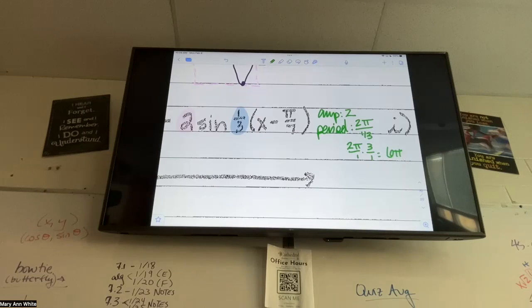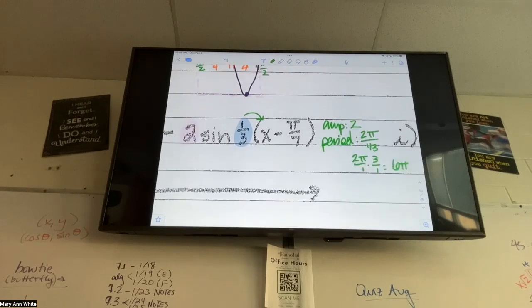All right, and then last, in order to figure out my shift, we have to distribute this 1/3 inside my parentheses. And distribute that on the inside. Sorry, I was thinking for a second.